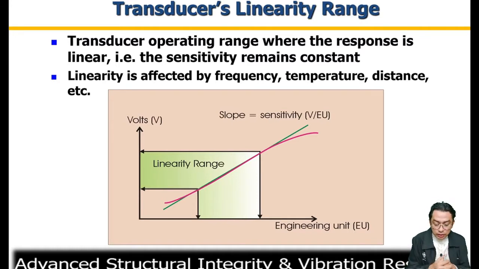For example, frequency can also affect the linearity of the sensitivity. Temperature, maybe it also affects the sensitivity. Distance, pressure sometimes. So we have to make sure that the effect of other parameters on the linearity is minimum. Otherwise, it will affect the measurement. It will increase the uncertainty of the measurement.